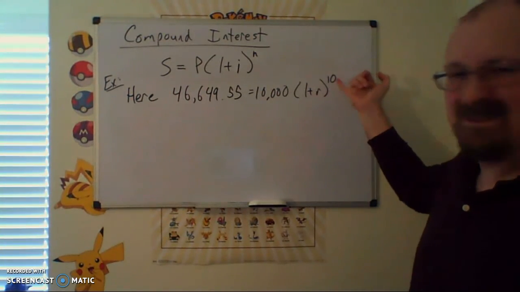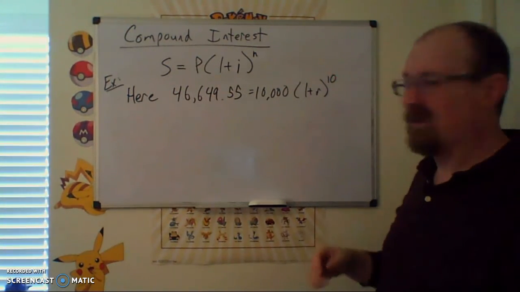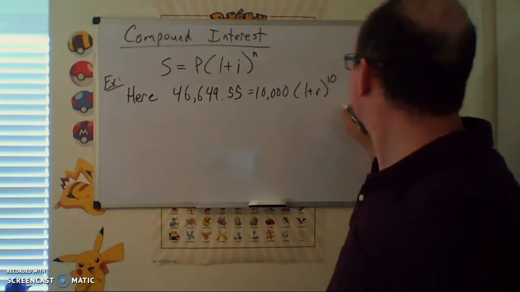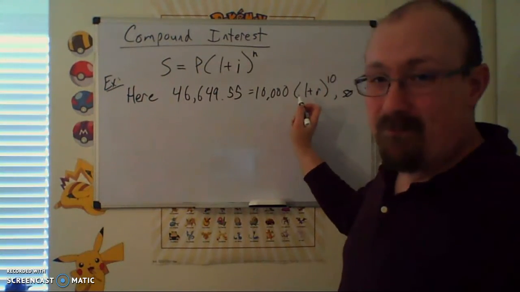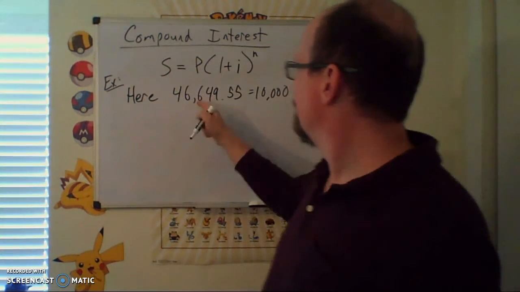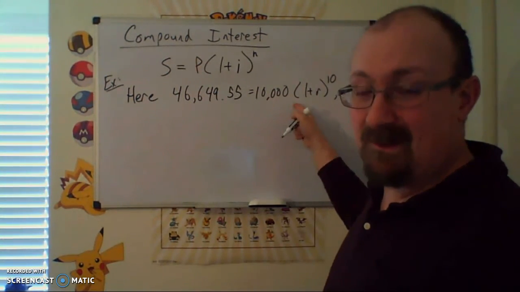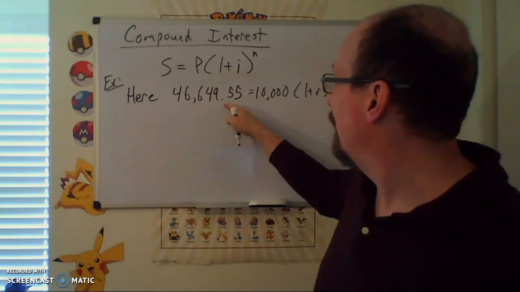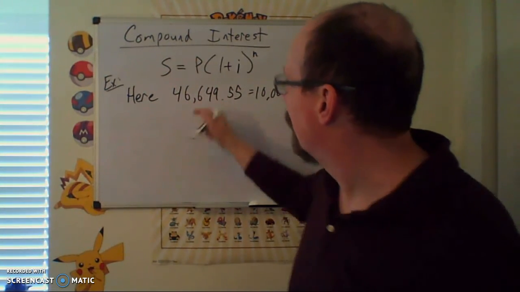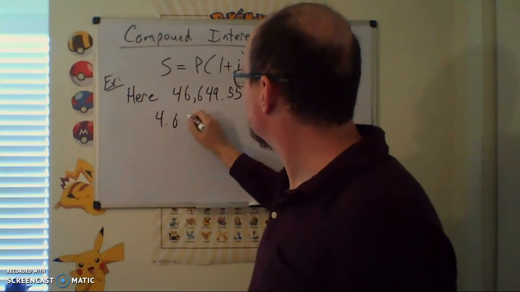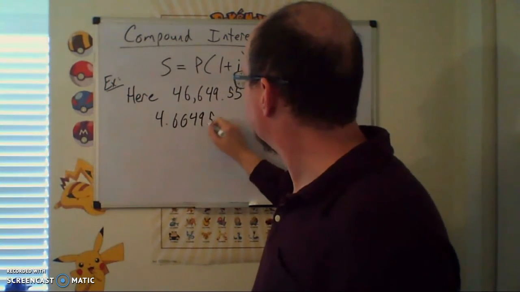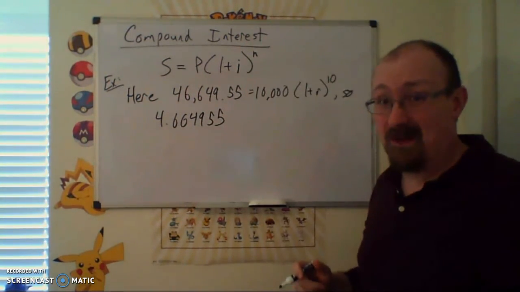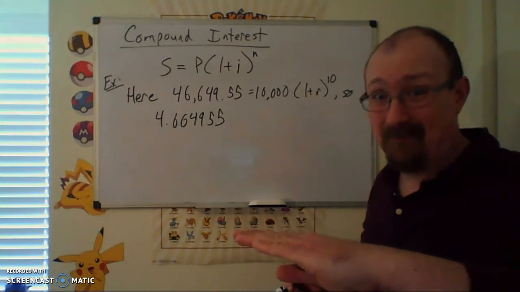We've got this to the 10th power. We'll see how to deal with that in a moment. So we divide both sides by 10,000. Dividing by 10,000 here, it goes poof. Over here, if we divide by 10,000, that's just going to move our decimal point 4 spaces. 1, 2, 3, 4. So 4.664955. You'll notice I generally don't round anything until I get to the bitter end.